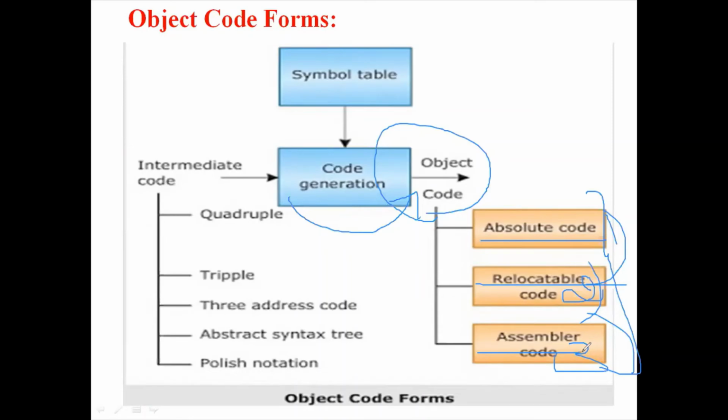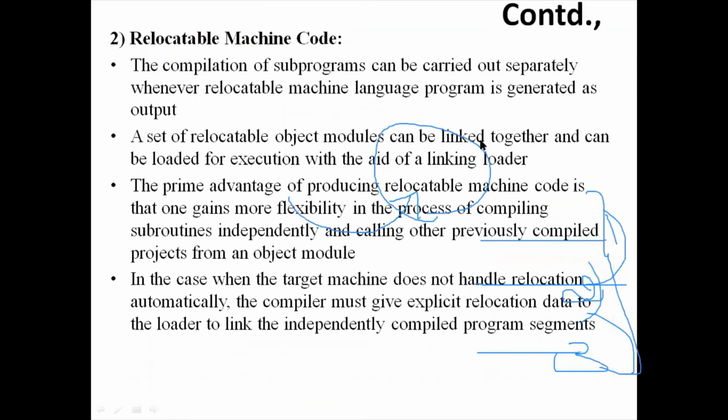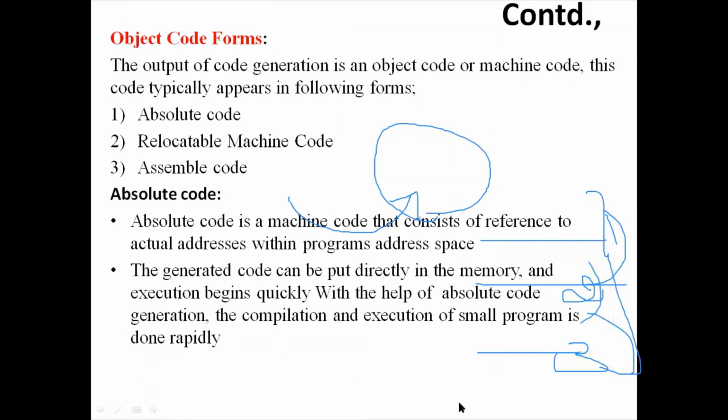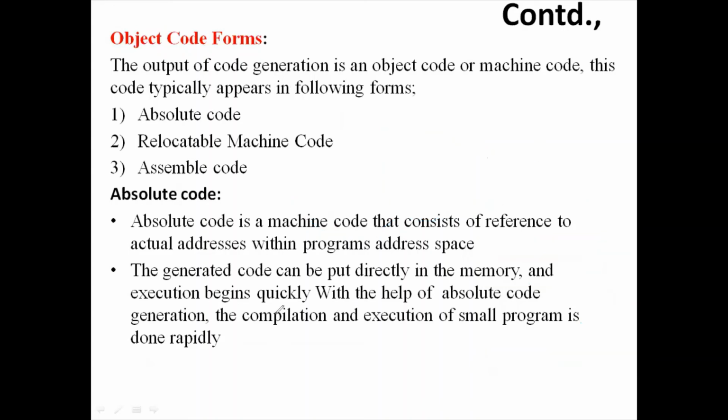What is absolute code? The first point: it is machine code, with actual addresses placed in the program address space. Second point: in absolute code, the generated code can be placed directly into the program address space.